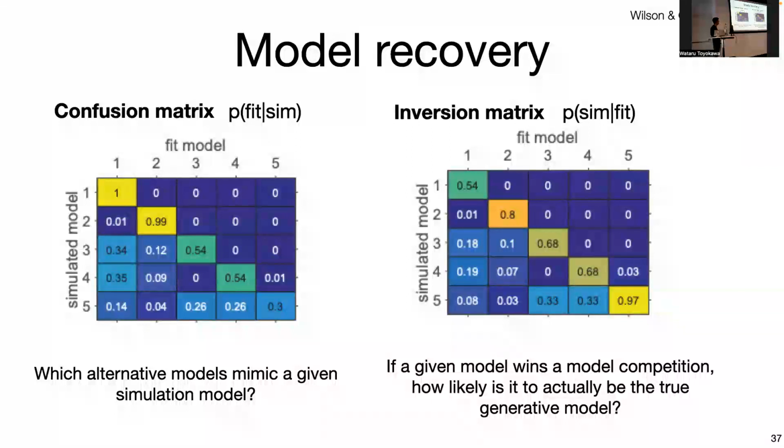This is quite different from the other matrix, because of course model 1 always fits model 1 best, but it also has this problem that it mimics model 3 and model 4, such that when model 1 wins, it's not a strong signal that all your participants are actually model 1. You can't tell if they're truly model 1 or their model 1 is mimicking model 3 or model 4 like behavior. Any questions?